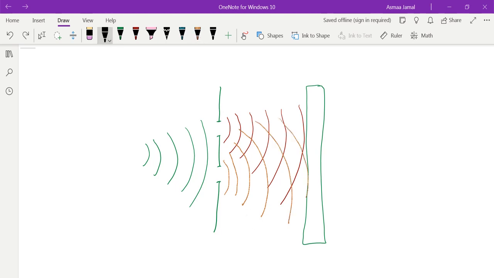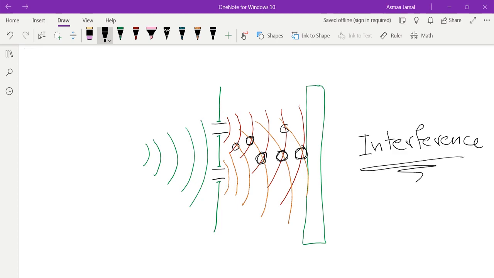So overlapping here, for example, overlapping here, here, and here. This overlapping, we call it the interference of the light. So the passing of waves through these openings or gaps is diffraction, and the overlapping of waves is the interference of the light.